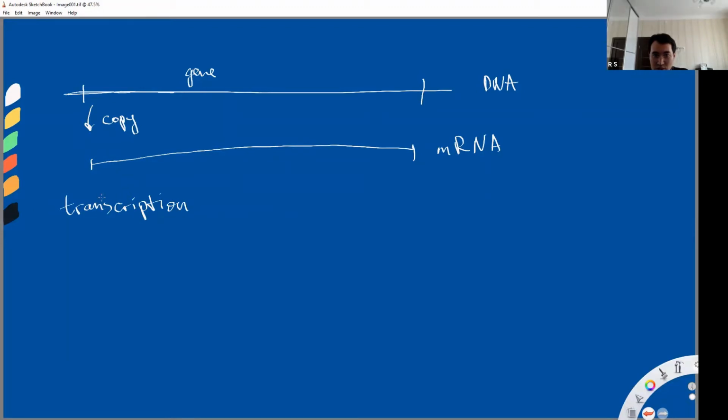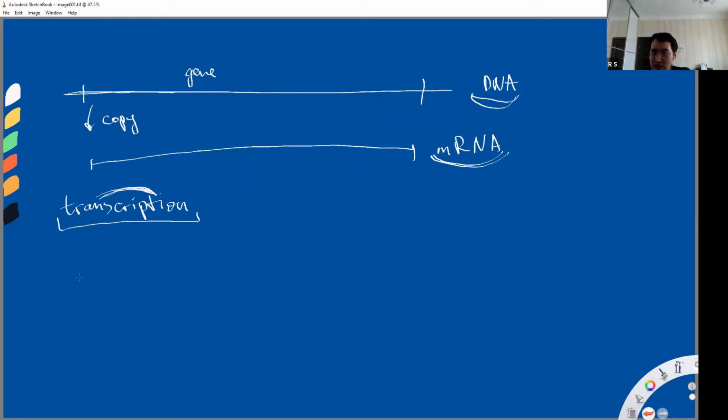If you look at the word, script means write. It comes from Latin, and transcription means write somewhere. In this case, you take DNA and you write into RNA. So the copying from DNA to RNA is called transcription.